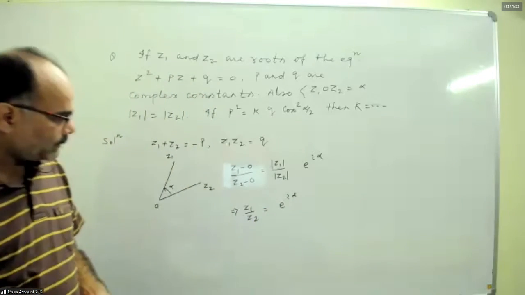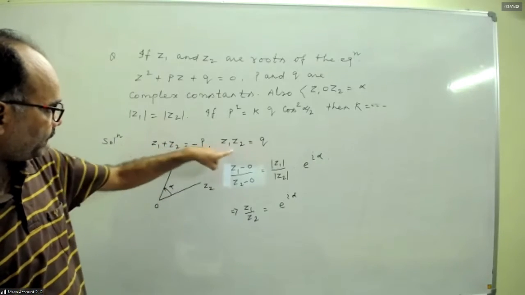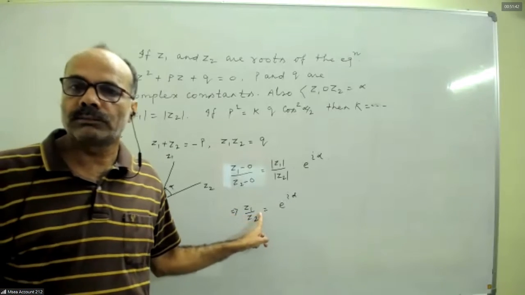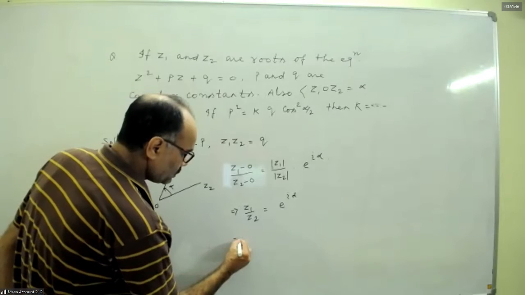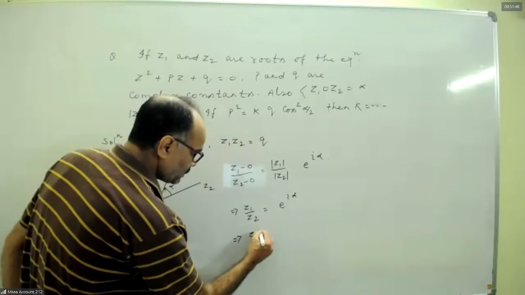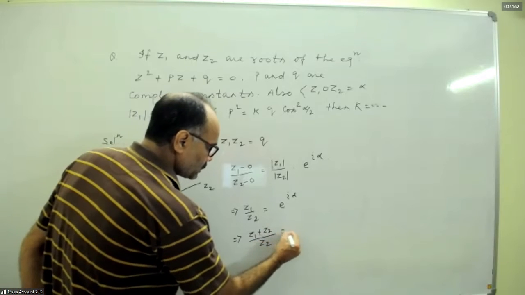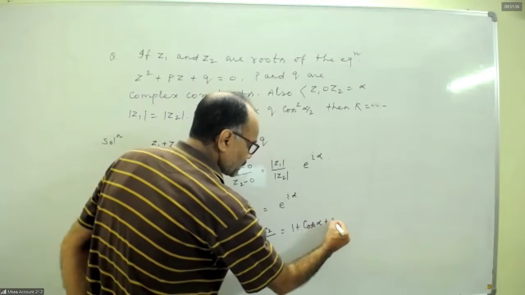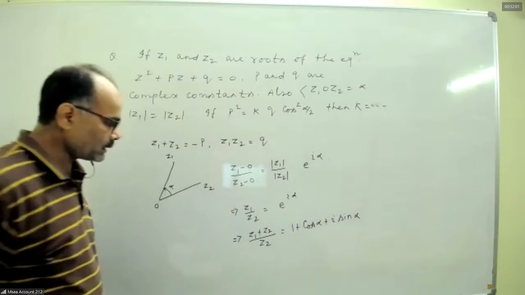Now we will apply something so that we can use these results. Adding 1 to both sides, Z1 plus Z2 by Z2 equals 1 plus cos alpha plus I sin alpha, e to the power I alpha.